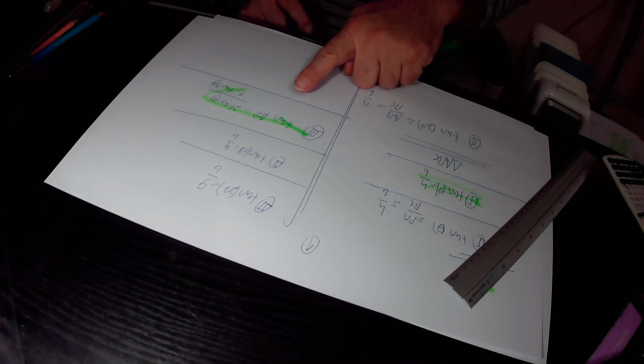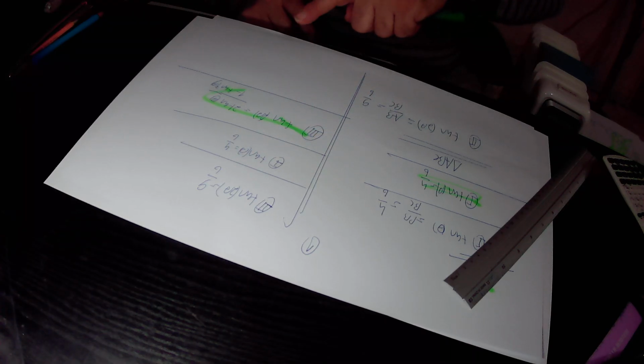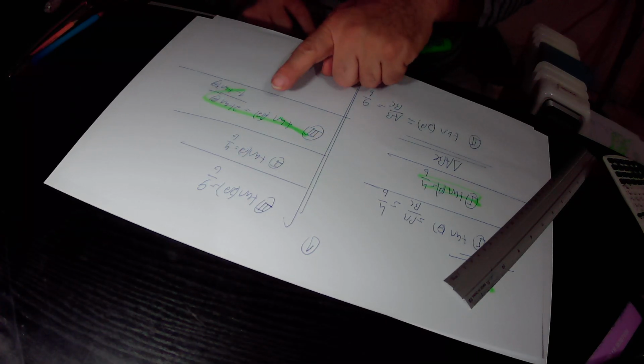We substitute tangent 2 theta in this identity by 9 over b and tangent theta by 4 over b.